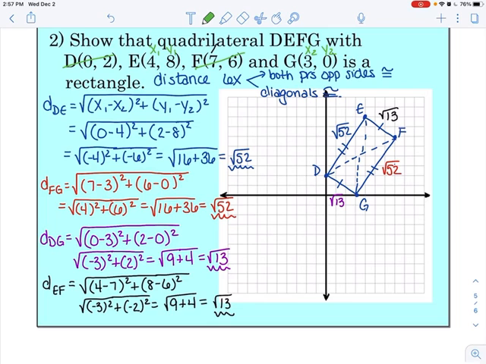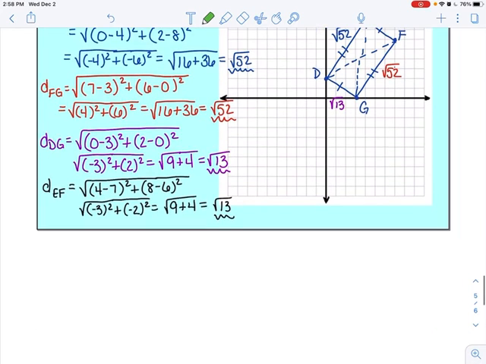Again, I'm going to scroll down. You have the coordinates right there, and I can see them on my paper too. So I don't want to write on the graph grid over on the right because I feel like it's going to get too messy. Okay, so we're doing EG. Again, we're doing X1 minus X2.